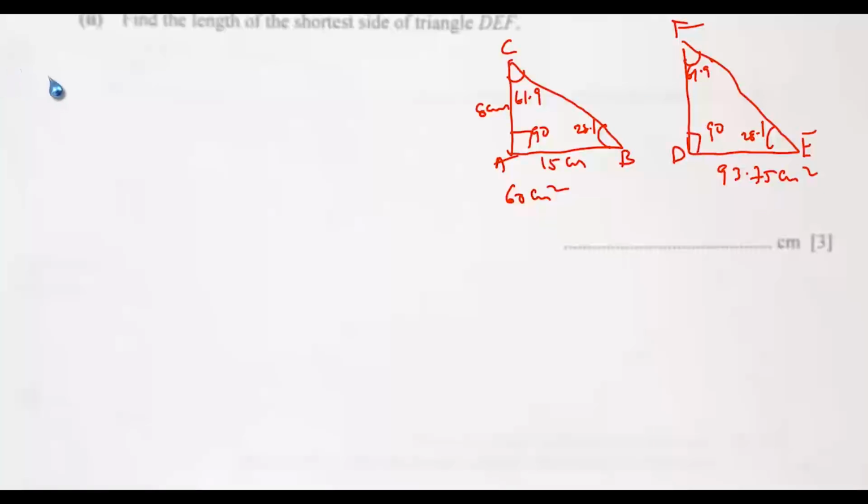The area of triangle ABC, that is 60, over the area of triangle DEF, that is 93.75, is equal to, so I want to calculate DF first, so I will use corresponding sides. So it will be equal to AC squared over DF squared.